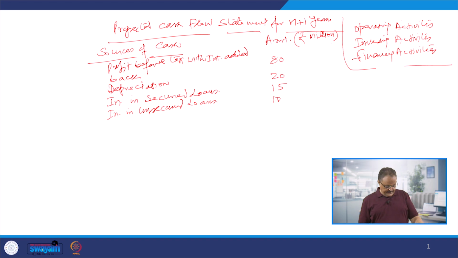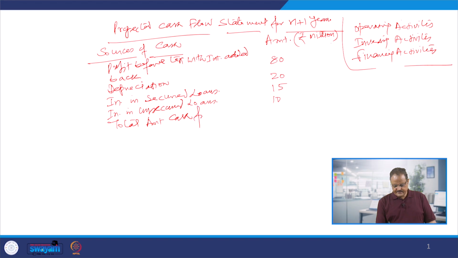So, this is the total sources of the cash. We are not getting any cash from any other source. So, you can call it the total amount of cash from all sources.